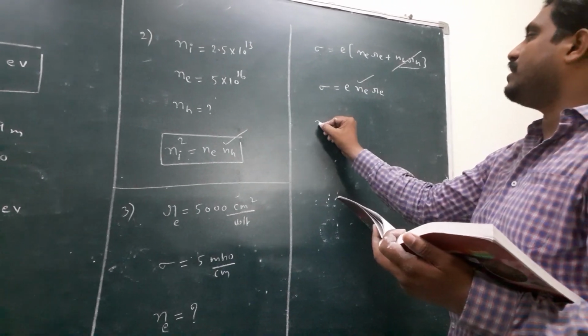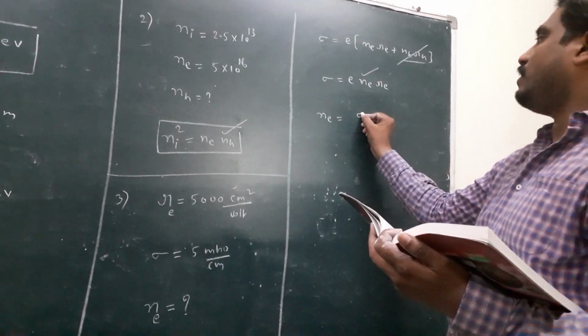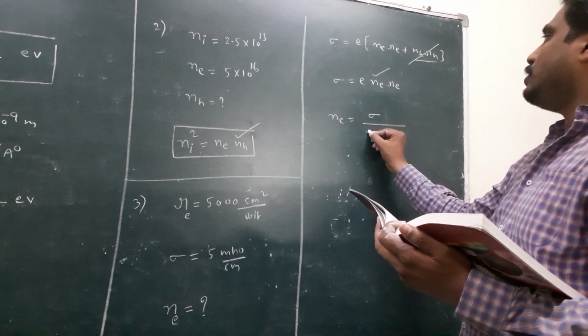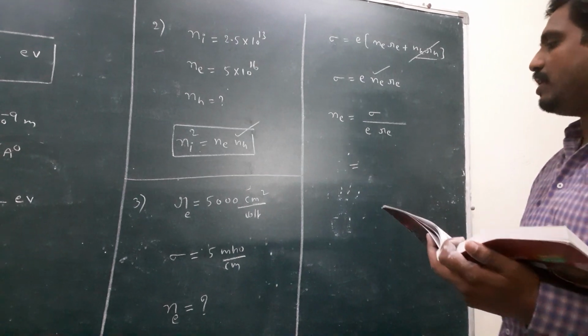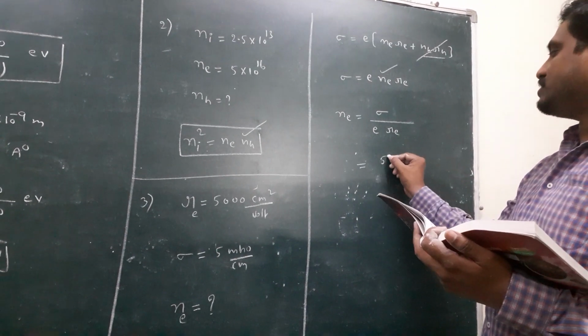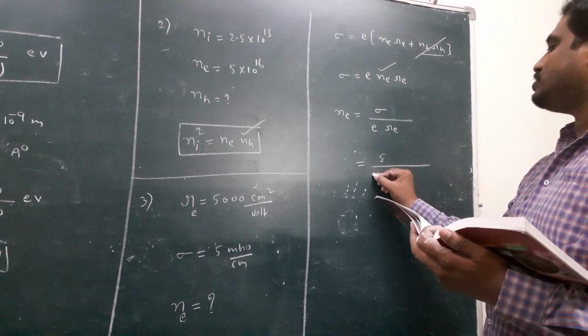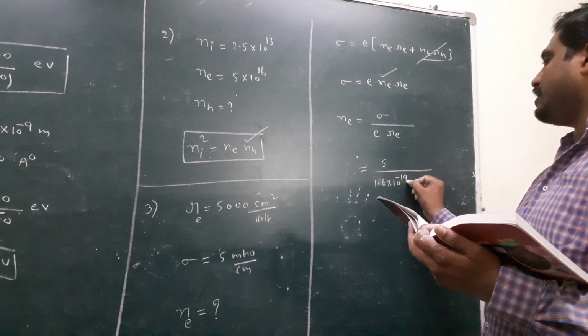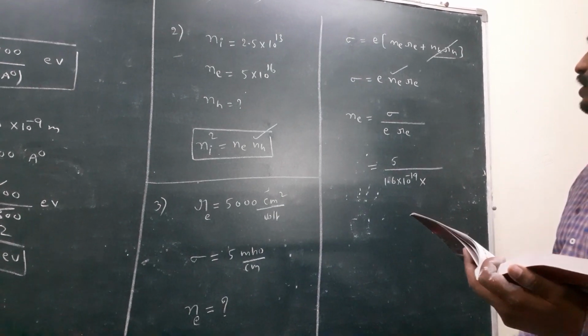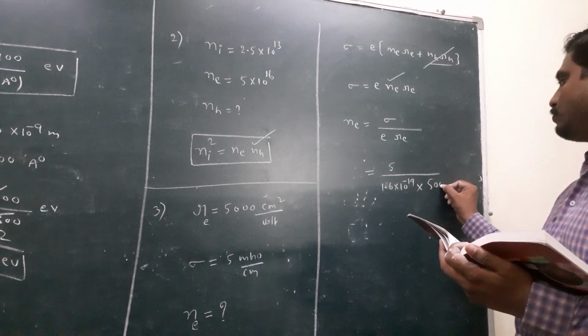Here Ne will be determined. What is the Ne formula? Sigma by e into mu e. Here what is the sigma value? Sigma value is given as 5. Electron charge value is 1.6 into 10 power minus 19, into mobility of electrons, 5000.